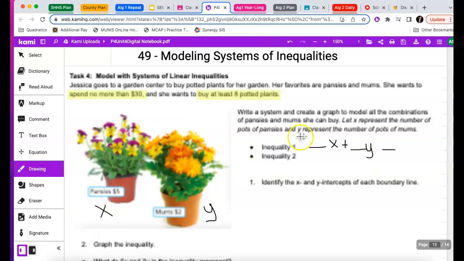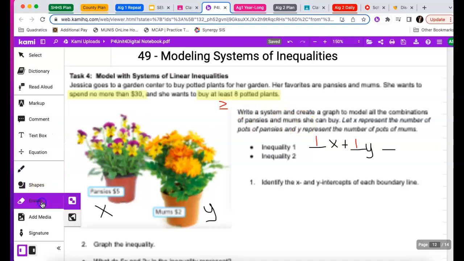So we want to buy X pansies, so 1X plus 1 mums, so 1Y, and we want to buy at least 8 potted plants. We want to buy at least 8, which means we can have more than 8.